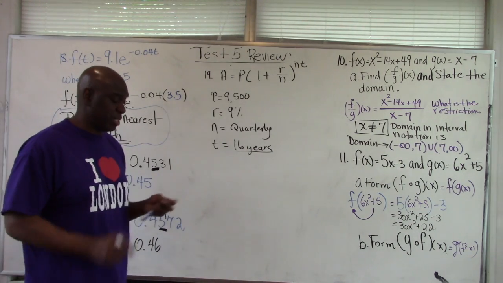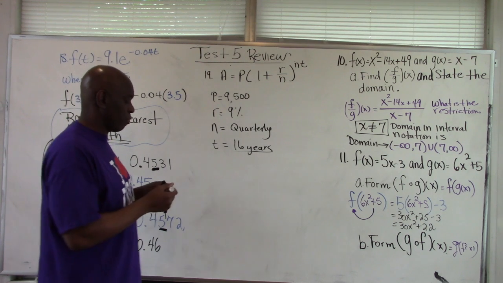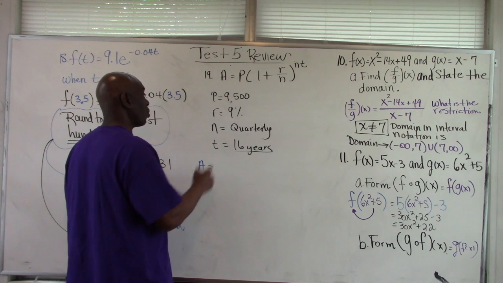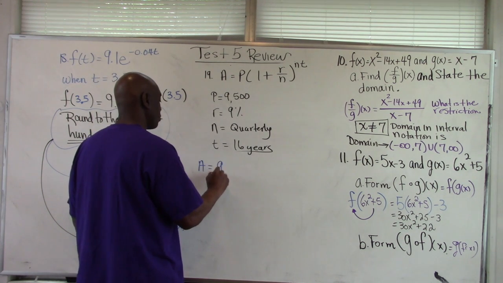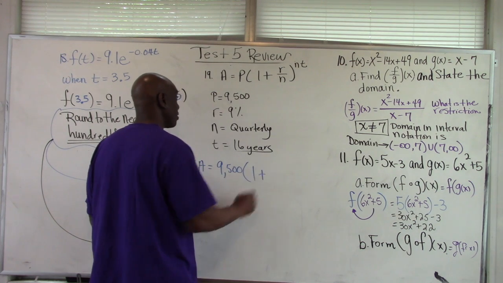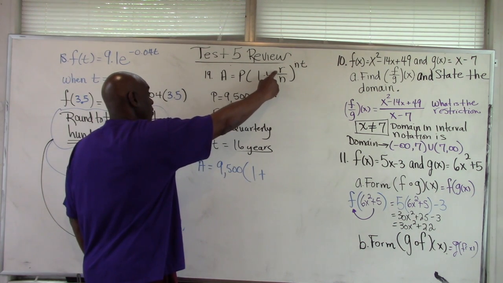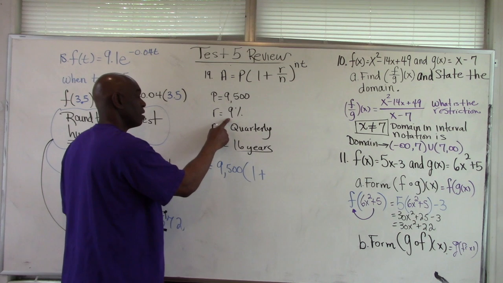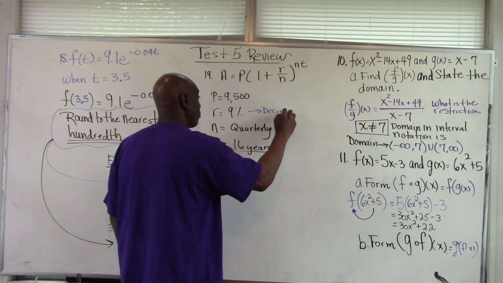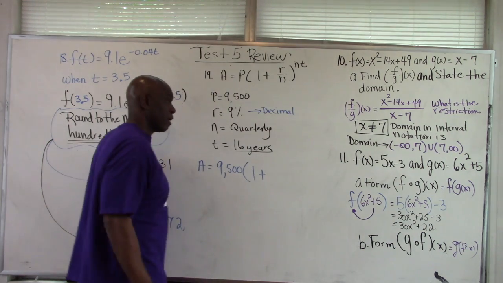Just substitute. Be careful here because we're going to have actually A, it does equal P, 9,500, times 1 plus. Now the R right here, you can't put it in as 9%. You must write this as a decimal, right?